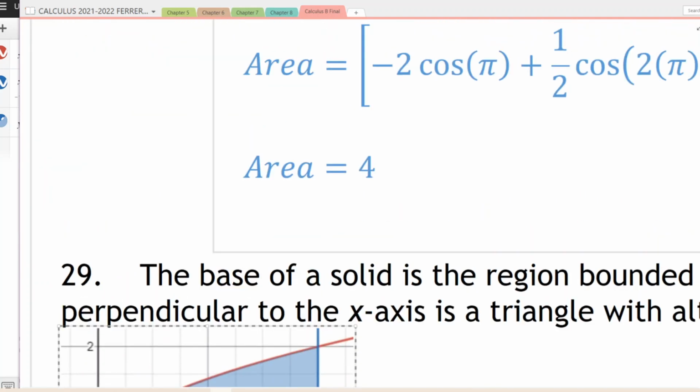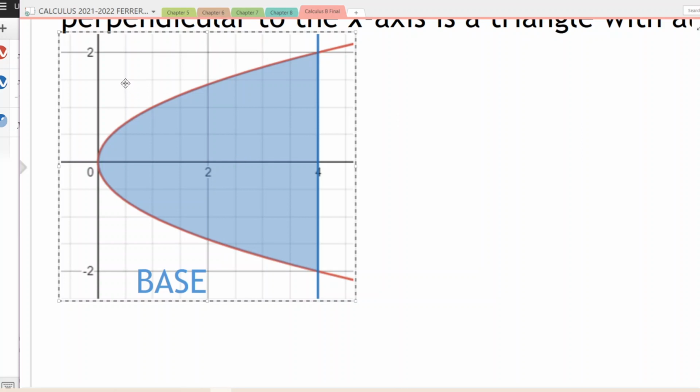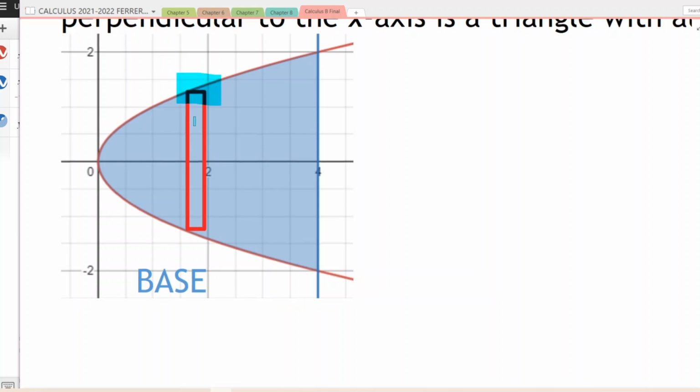We know that the cross sections are perpendicular to the x-axis. So here in red, I'm going to draw the footprint of one of those cross sections. The length of this we're going to need to know. We need to know from the y coordinate up here to the y coordinate down here.